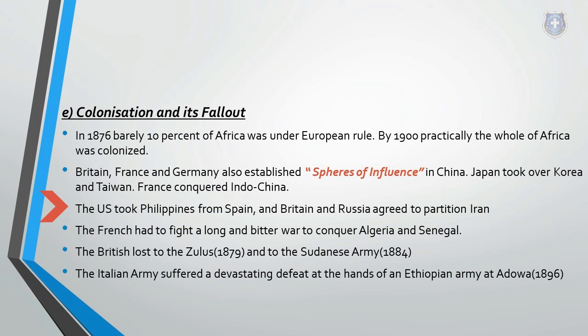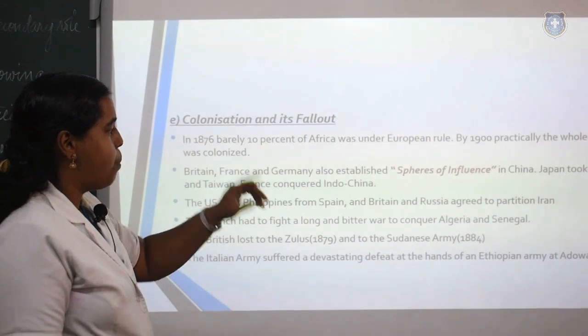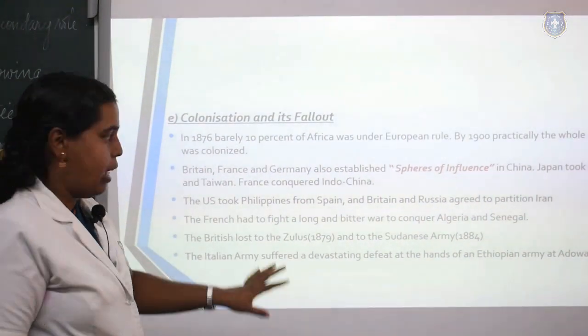So the next country is the US. That is the next dominating country. The US took the Philippines from Spain, and Britain and Russia partitioned Iran. Iran was divided into two. Britain took one part and Russia took the other part.